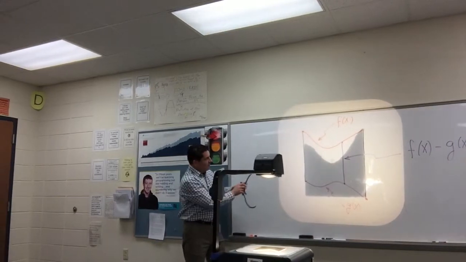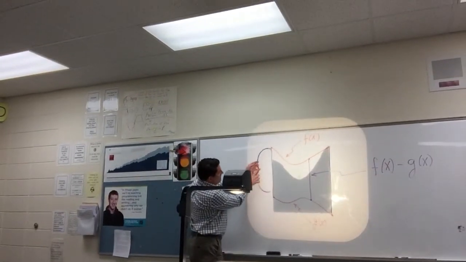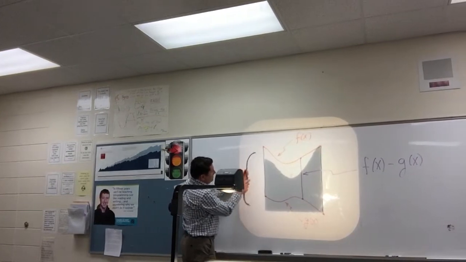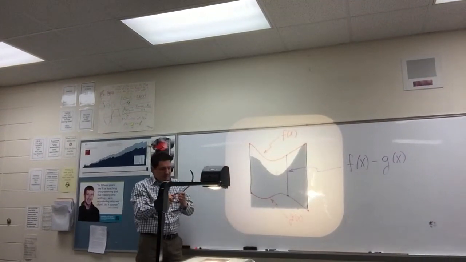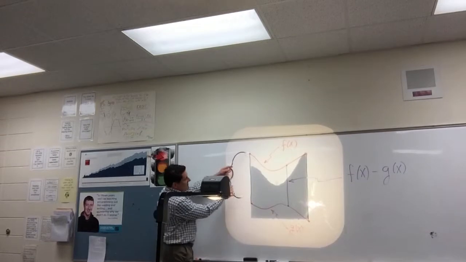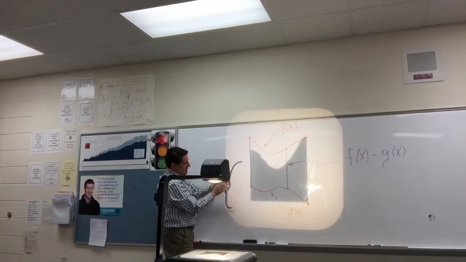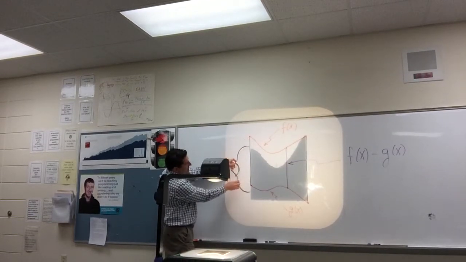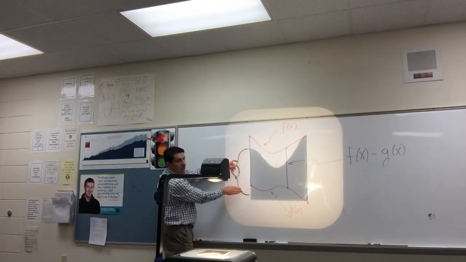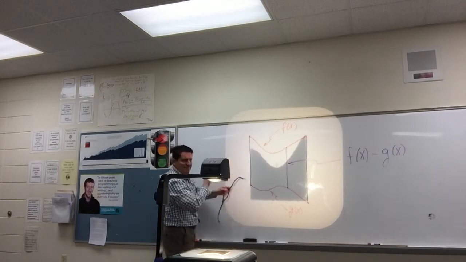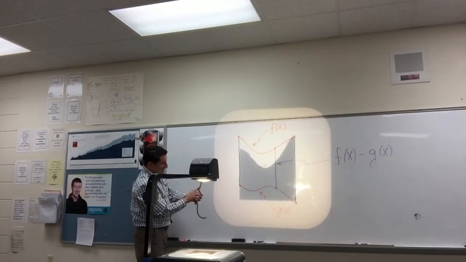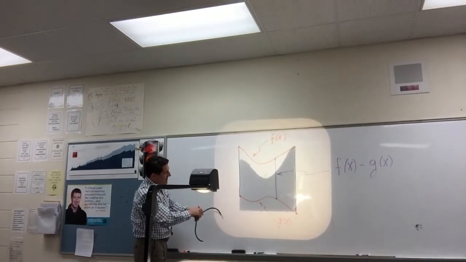We're off by that much, so just remember that we're off by that much. I take that and move it down here. See how we're off by that much? Let's do a different one.